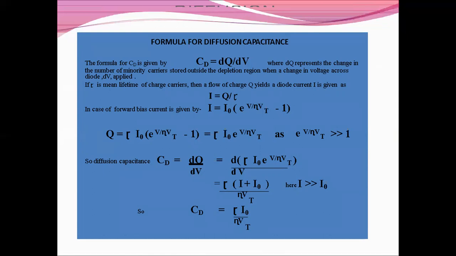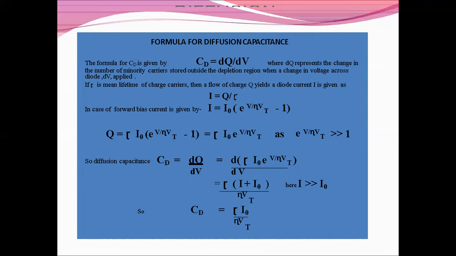If tau is the mean lifetime of the charge carrier, then a flow of charge, capital Q, will yield a diode current I, which is given as I equal to Q by tau.